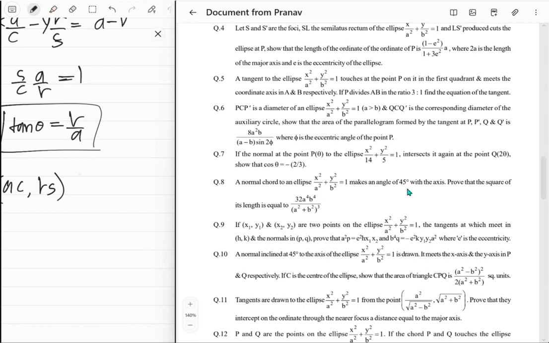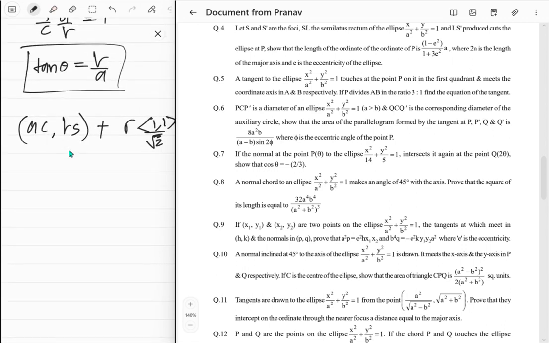So we'll add a vector, say r comma r. Or instead, let's just say r times 1 comma 1 upon square root 2. So then r will be the distance, of course. And we just want, for what value of r will this once again lie on the equation of the ellipse, right? Yeah, exactly.